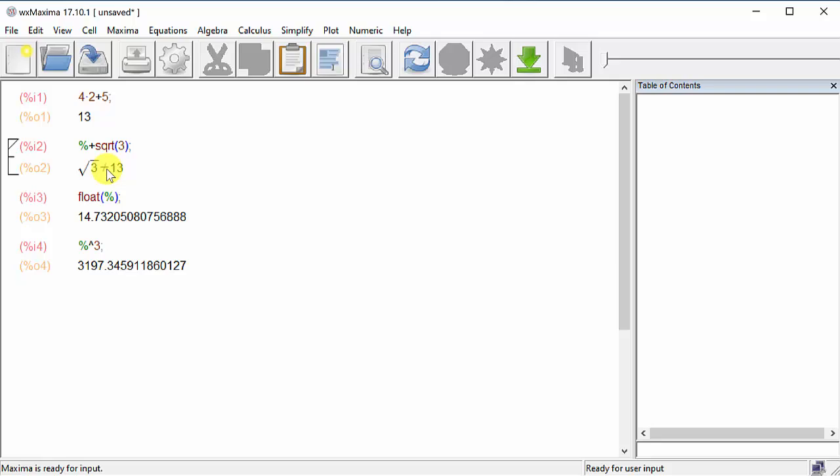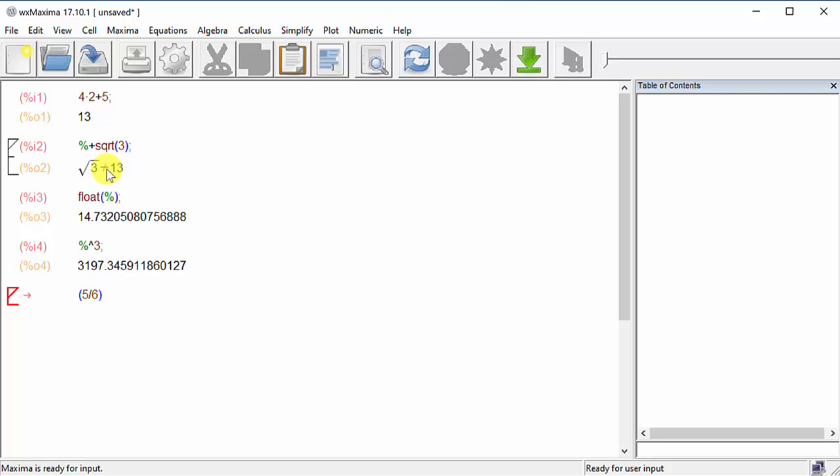Okay. All right. So the next thing we can do is add fractions, subtract fractions. So let's add some fractions. Let's add 5 over 6 and 7 over 15. All right. So we want to put in parentheses 5 over 6. That's going to treat that as a single term.